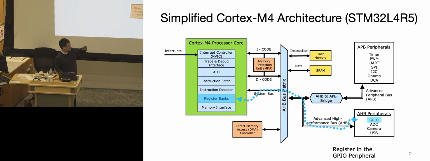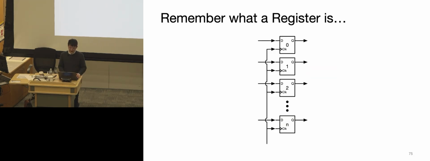Basically, whatever the signal, the data there has to be sent to the registers, and then the system can quickly react to it. And also remember what a register is: a bunch of D flip-flops and a clock, 32 of them in our case, sending data in and out.